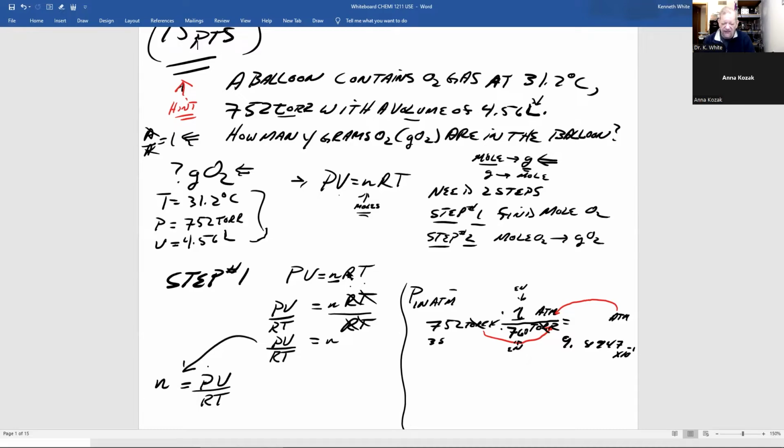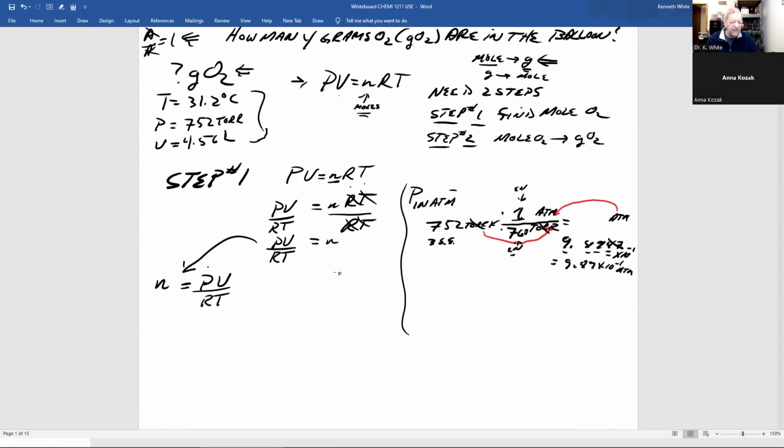This is 3 significant figures. These are exact numbers, 1 and 760, so I should round this off to 3 significant figures. Keep the 9, keep the 8, keep the 9. Use the 4 to round off. Is that 4 or less? Yes, so I'm going to drop that. And the correct answer for this step is this.